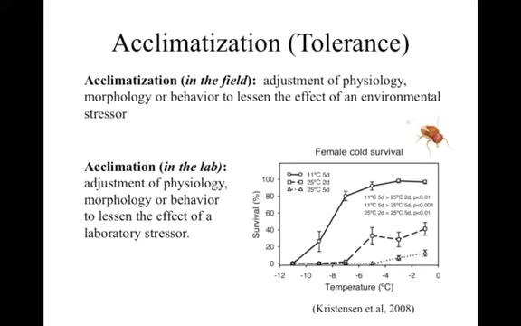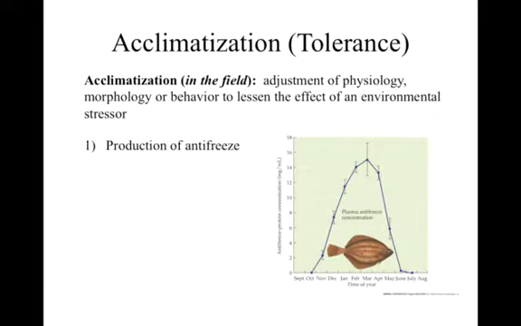And so that's an example of acclimatization. So they sort of sense a stressor coming, they get used to it, and then they are sort of able to tolerate it much better. Same kind of thing in the lab. The only difference is that it's not nature that's doing the sort of preconditioning.